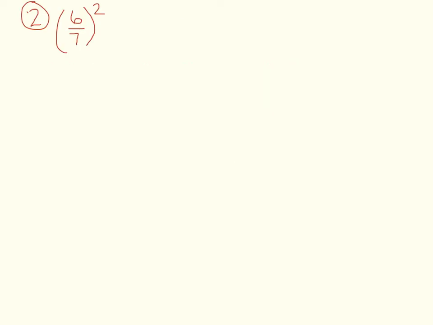Okay, so number 2 in your homework is 6 over 7, squared. So following the order of operations, we would do anything in the parentheses first. And in this parentheses, we just have the one fraction, 6/7, and that can't be simplified. So we can move on to the next thing, which would be an exponent. So 6/7 squared means 6/7 times 6/7.